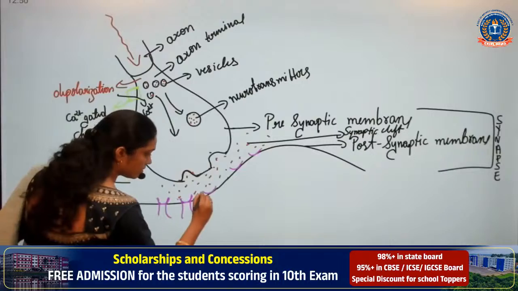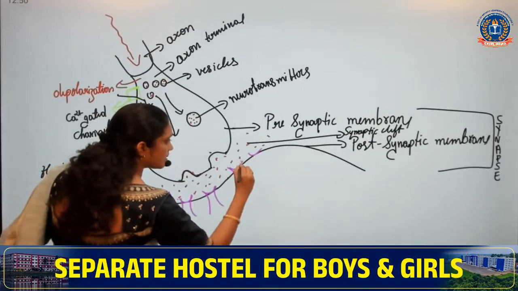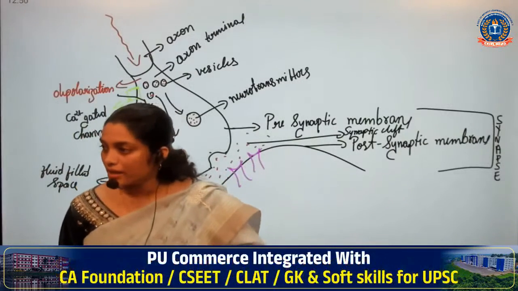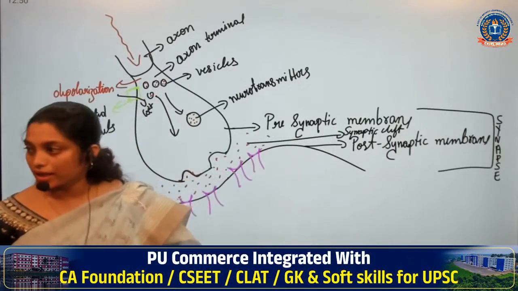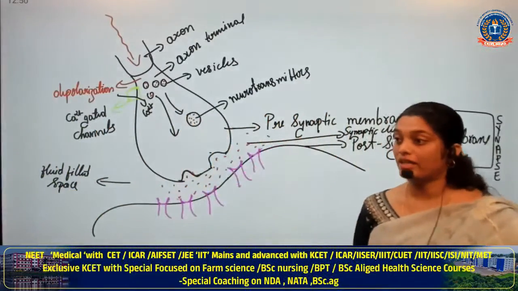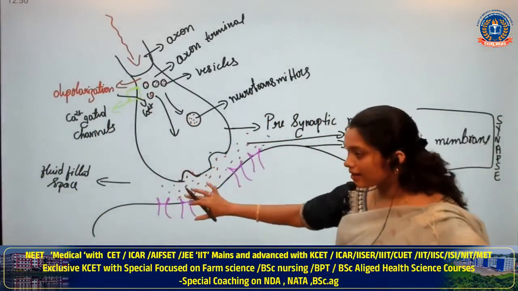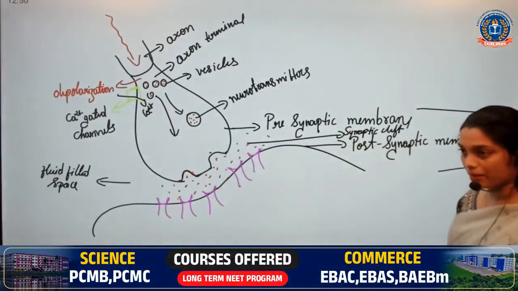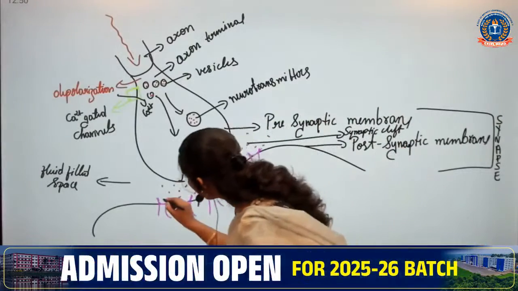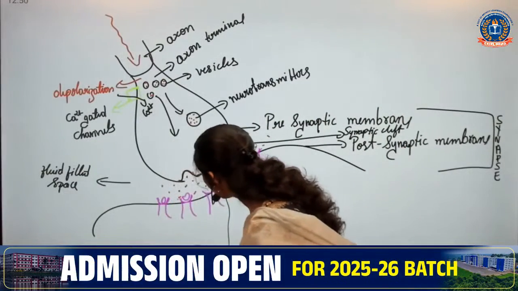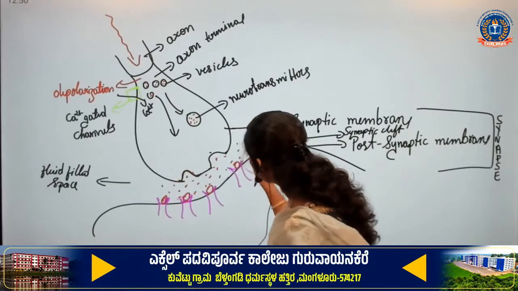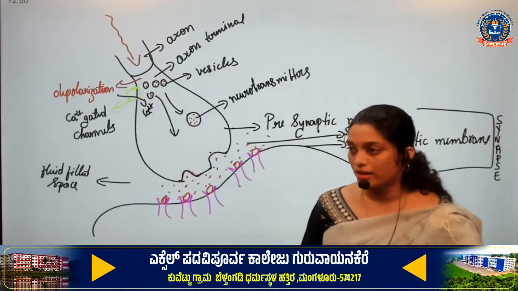There are receptors present on the postsynaptic membrane. The neurotransmitter is released to the synaptic cleft, and then there are receptors on this postsynaptic membrane where these neurotransmitter molecules will come and attach.